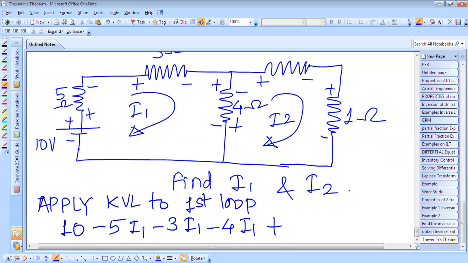So there is a rise in potential because of this current I2. So this 5 is there, 3 is there, 4 is there, and this is equal to 0.